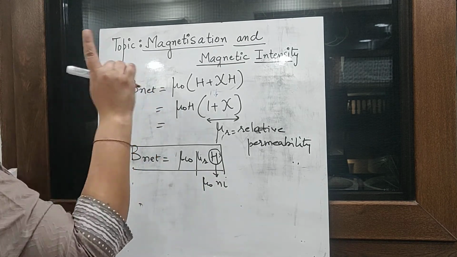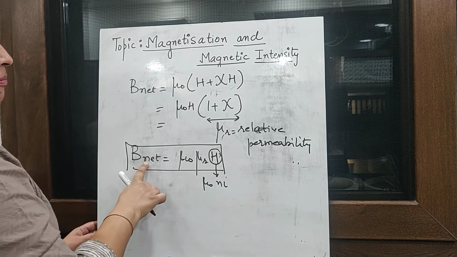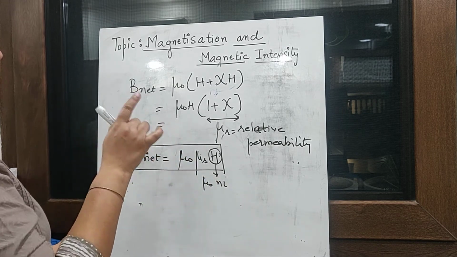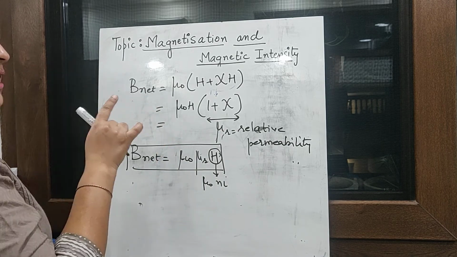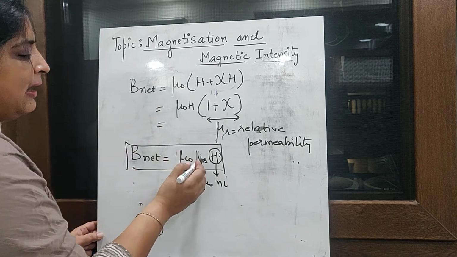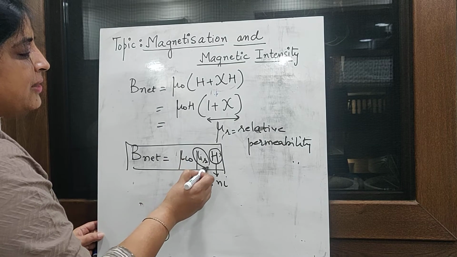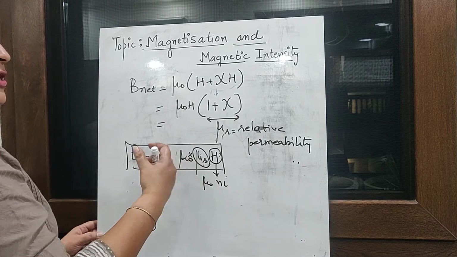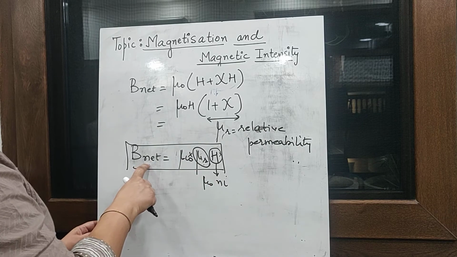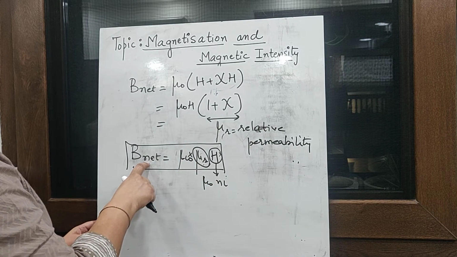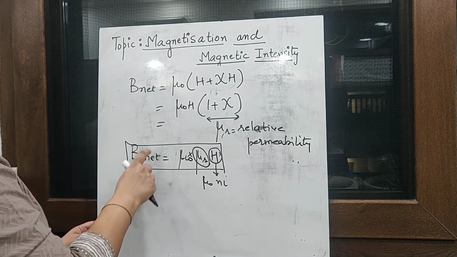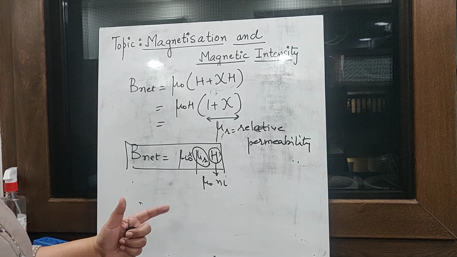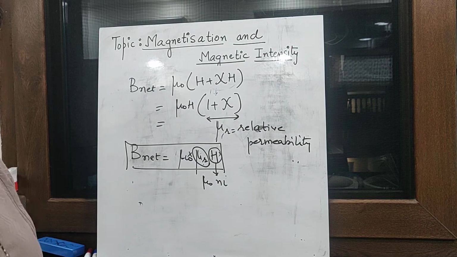So initially when it was an air core solenoid, B net was equal to mu naught Ni. But because of the presence of the material, that is the soft iron core you have introduced inside it, there is an extra factor multiplying this, which is mu R. So if mu R is quite large, then B net will be quite high compared to its previous value. This is how the presence of a material impacts the net magnetic field inside.